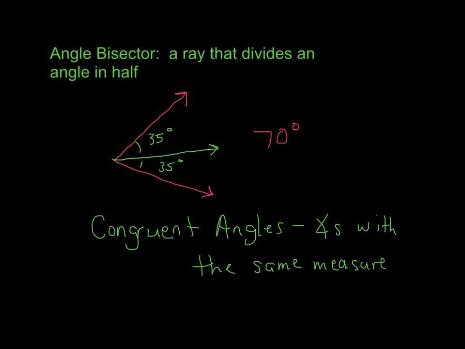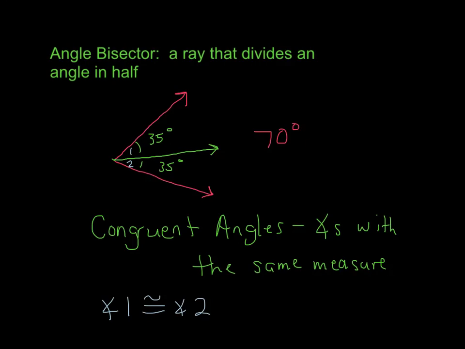Those would be congruent angles. And if I were to name those, let's say that this was angle 1 and this was angle 2, we would say that angle 1 is congruent to angle 2 because they are both 35 degrees and they both have the same measure.